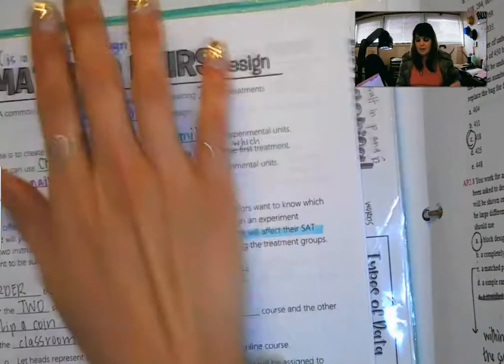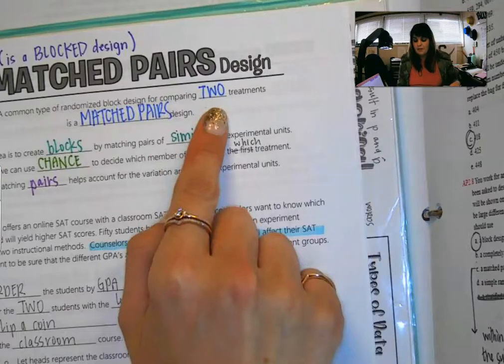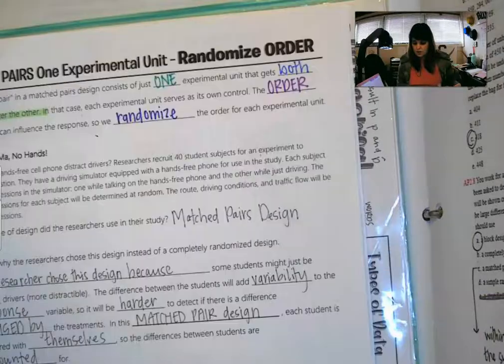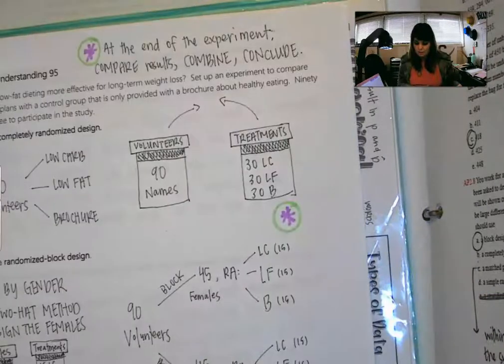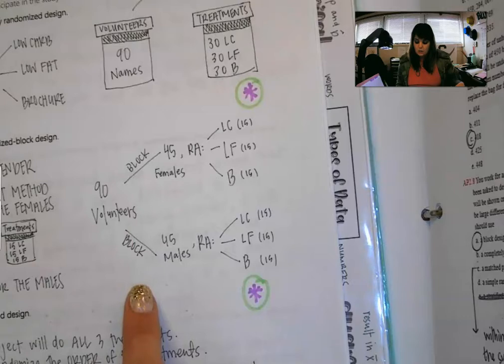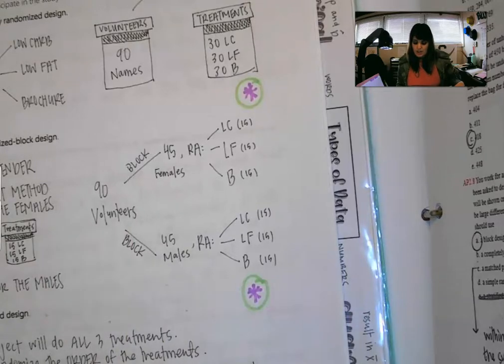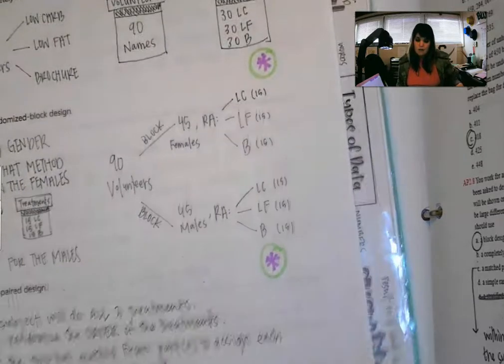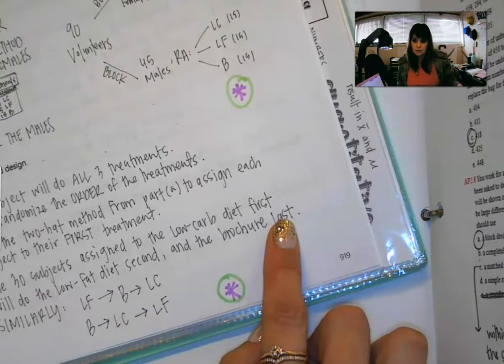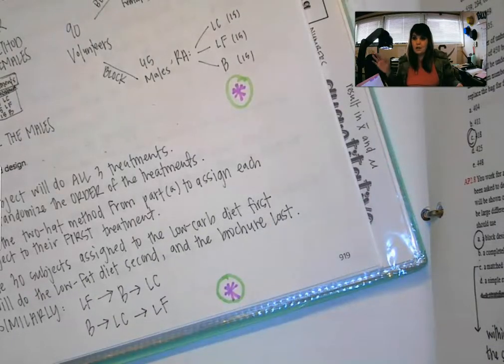It's a common randomized block for comparing two treatments. The only case in which we were able to do more than two was the diet problem. But that was because we used each person as their own block. So each person can do all three treatments, but two people cannot do three treatments.